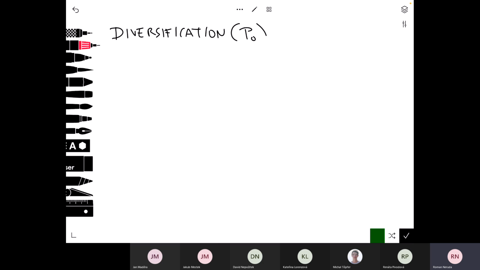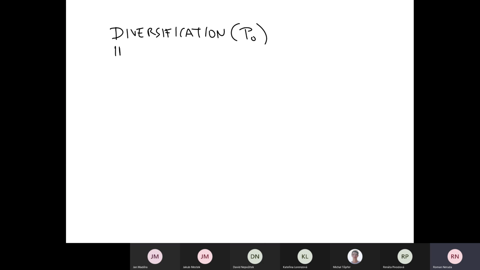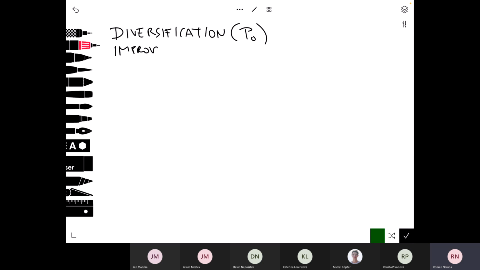Then they also use the so-called improvement on P0, and the improvement is the mutations, the local search. So this is the initialization, but a special one.